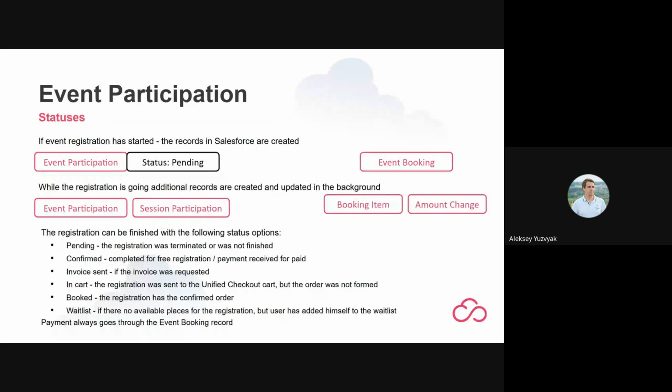For example, if band pricing is used, an event amount change record will be created, and the total amount of the booking will be adjusted based on the amount change. This registration can finish with the following statuses, like pending.